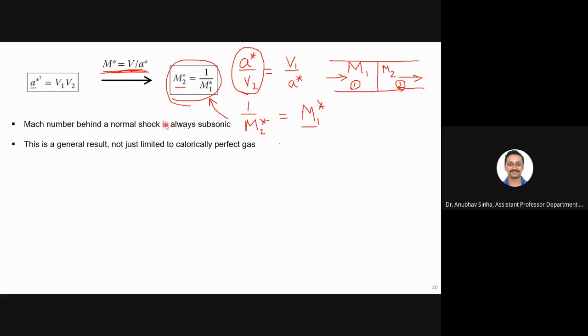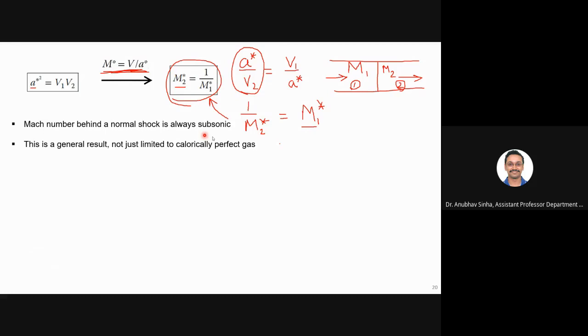Also what I can say here is, if M1 is more than 1, then M2 will be less than 1. Hence, if you are saying that a normal shock is getting formed in a supersonic flow where M1 is more than 1, then behind that, M2 will always be subsonic. It will always be less than 1.